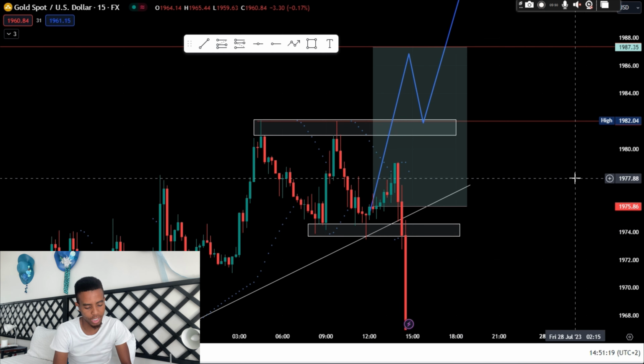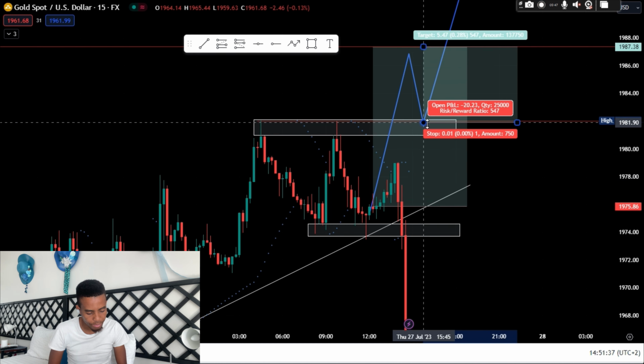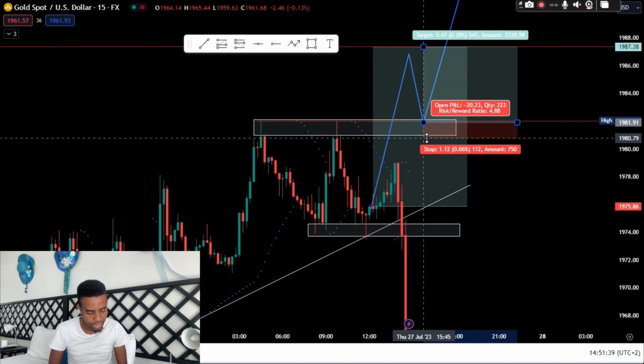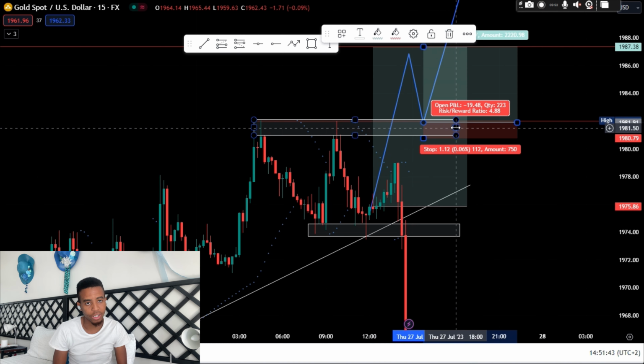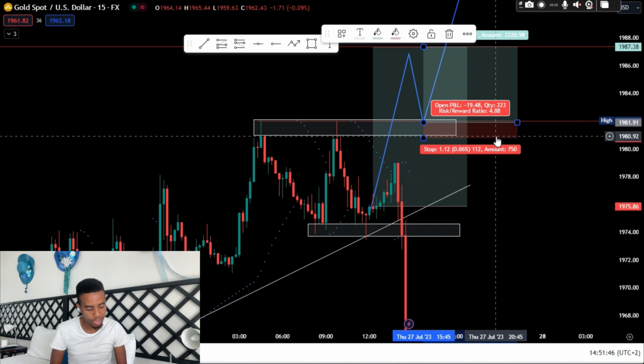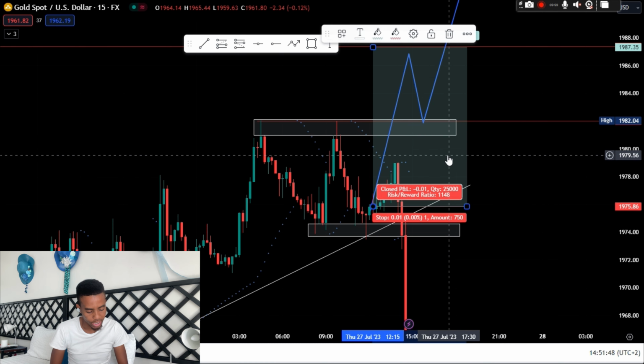This is what I was looking for, because should this have resulted the way it did, I was going to look for another buying setup here after the retest, obviously depending on what the chart would have done. Then I was looking at this setup to at least eat it twice, right?